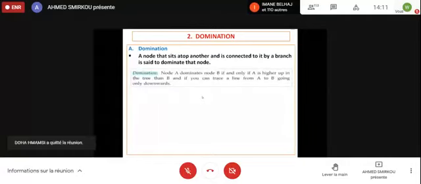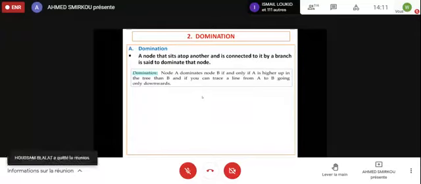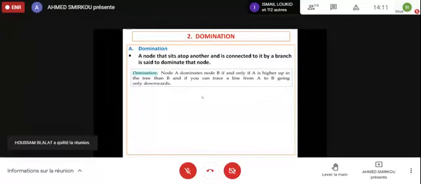This is the technical definition. Domination: node A dominates node B if and only if A is higher up in the tree than B, and you can trace a line from A to B going only downwards.